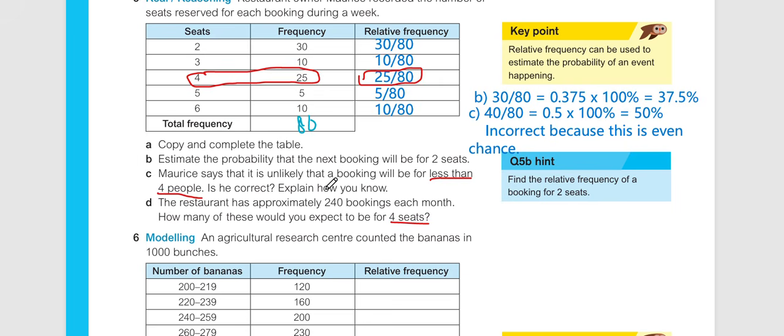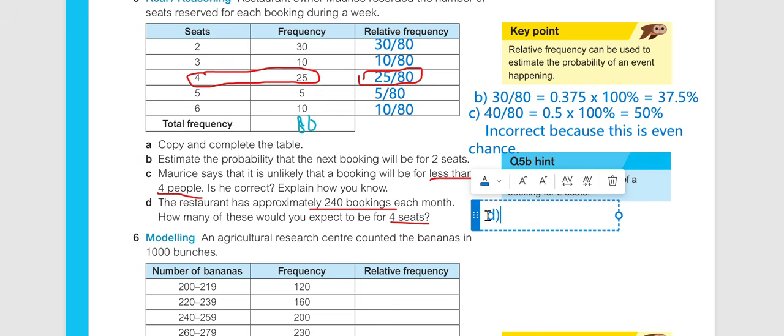25 upon 80. Now they are telling you, using this relative frequency, you have to estimate how many it will be for 4 seats if there are 240 bookings per month. So how do you do the calculation?